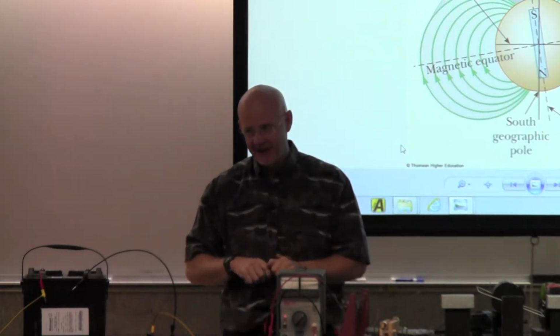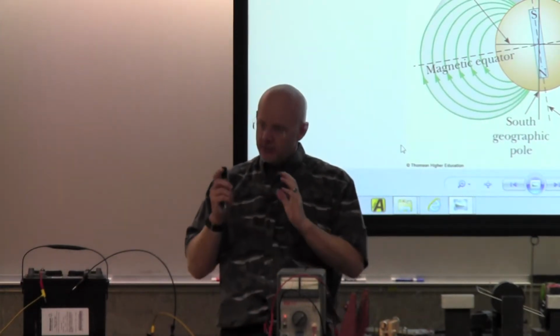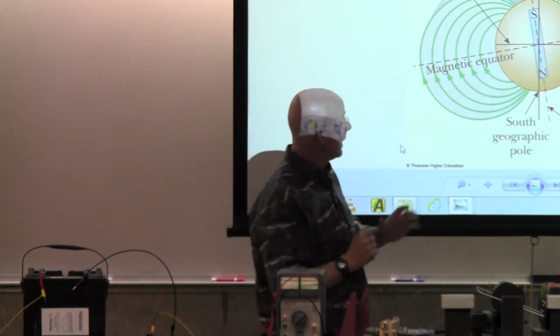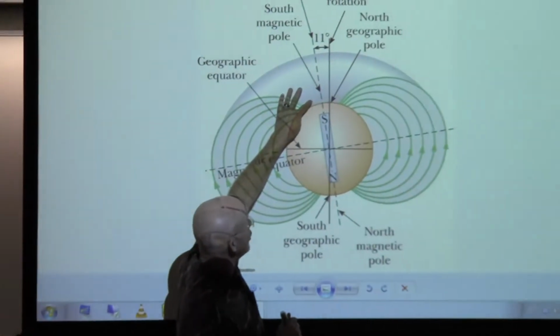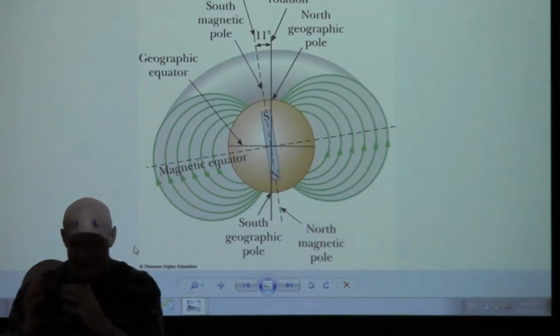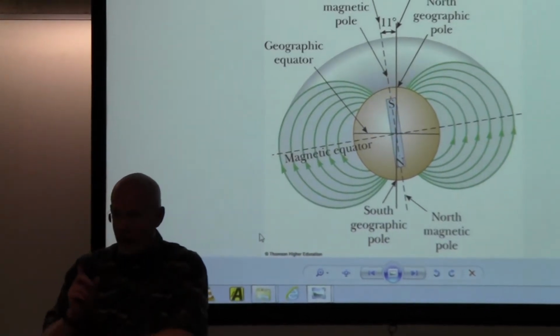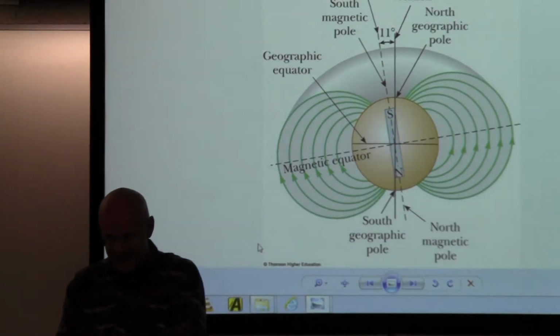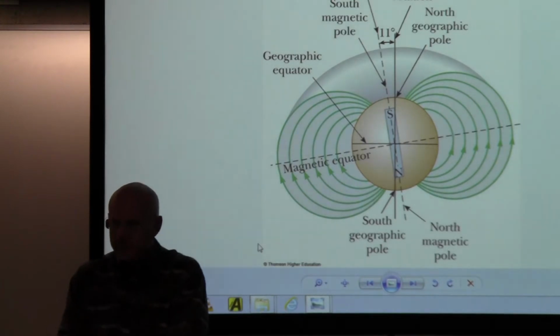What does it mean when things reverse polarity? And when I say in the geographic North Pole there is a magnetic South Pole, what I mean is right now that's the way it is. So what happens with things?